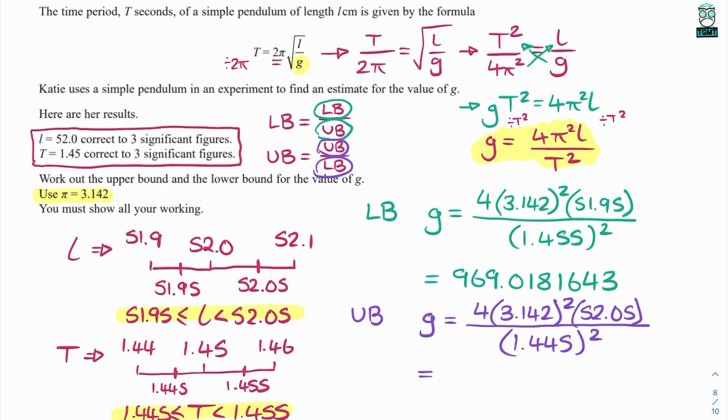And that for our upper bound comes out as 984.3677853.